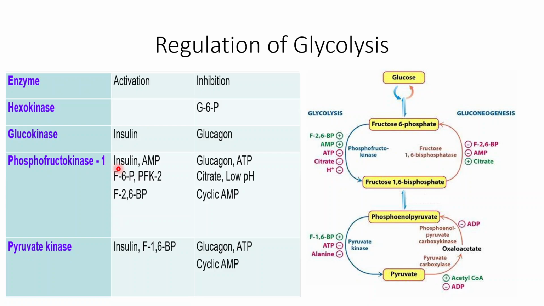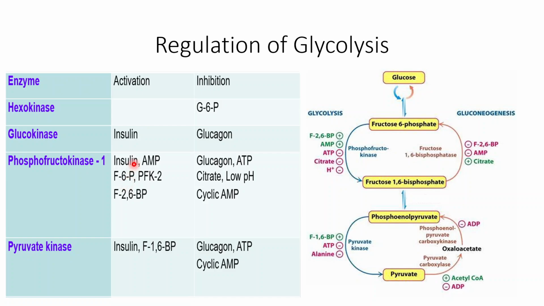How does it activate? It activates basically by dephosphorylation of phosphofructokinase 2. Just like this is phosphofructokinase 1, there is also an enzyme called phosphofructokinase 2, which converts fructose 6-phosphate to fructose 2,6-bisphosphate.